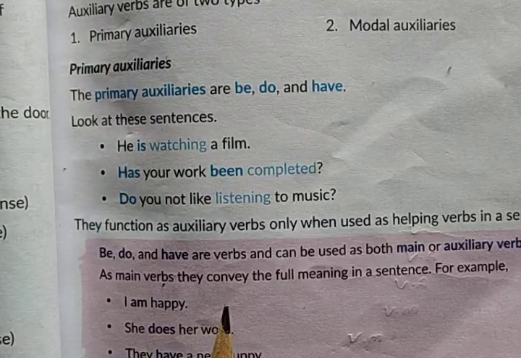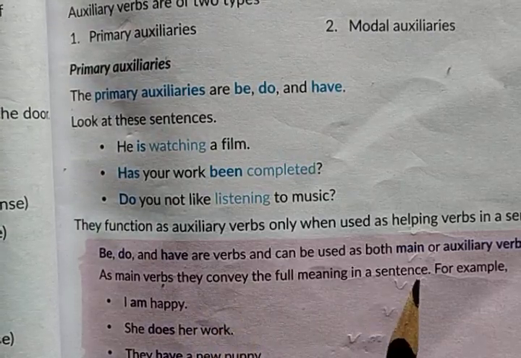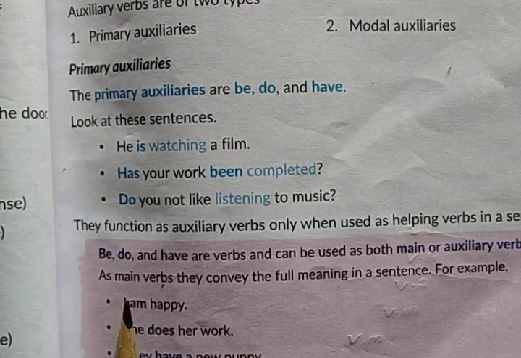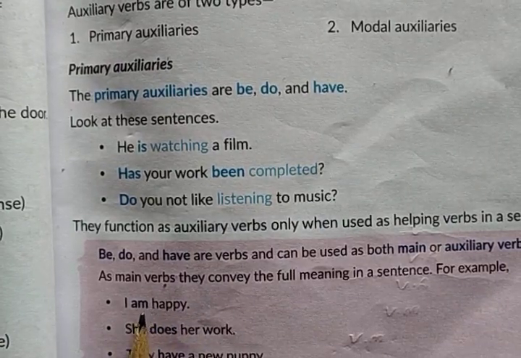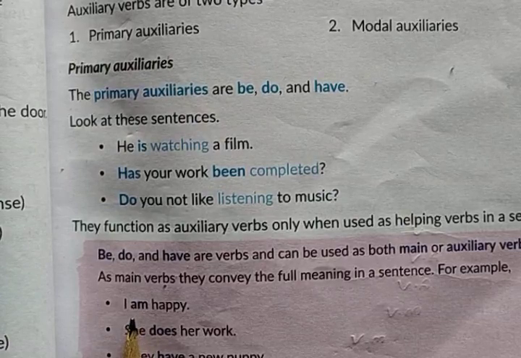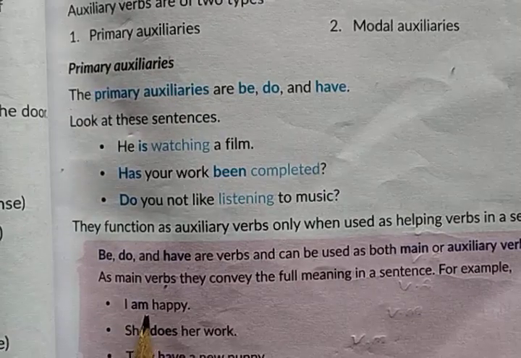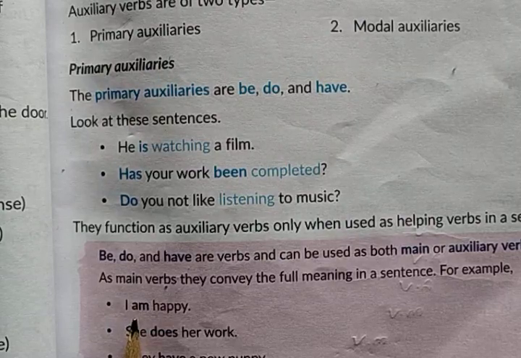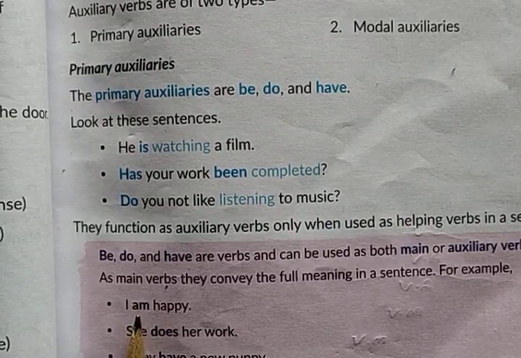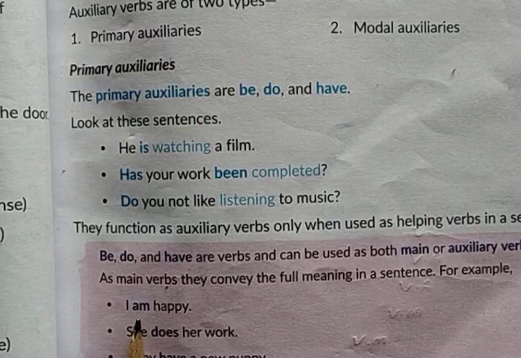As main verbs, they convey the full meaning in a sentence. For example, "I am happy." You can see in this sentence we have only "am" and we don't have any main verb. So in this sentence, "am" is not an auxiliary verb, not a helping verb. Here "am" is acting as the main verb.